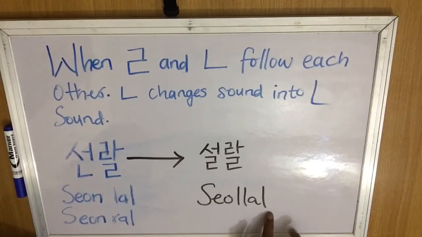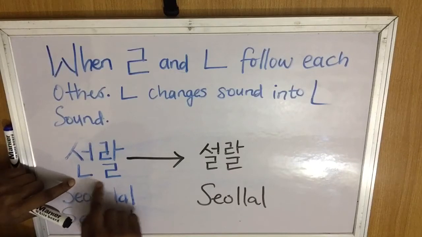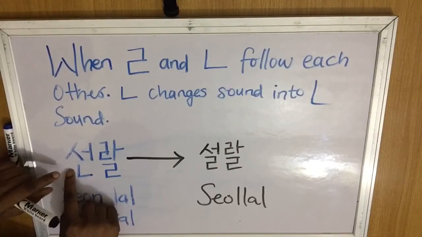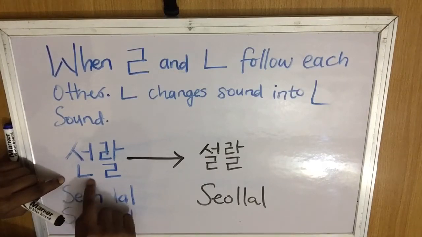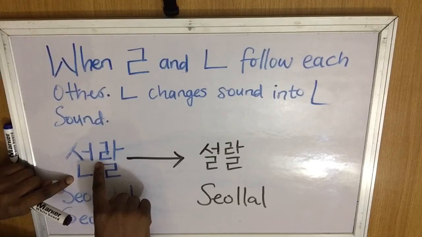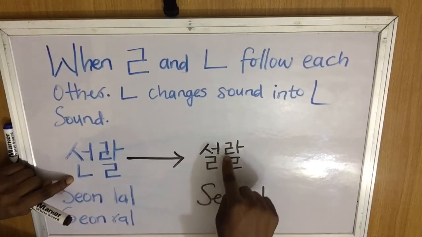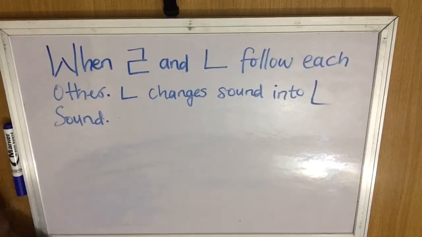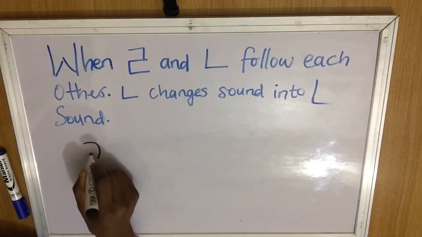A Korean will say Seollal, and then it's actually written like this. This is how it's spelled, with a nieun sound, like the N sound is here. But because it's coming before rieul, it became a double L sound. So Seollal. We have this last example.